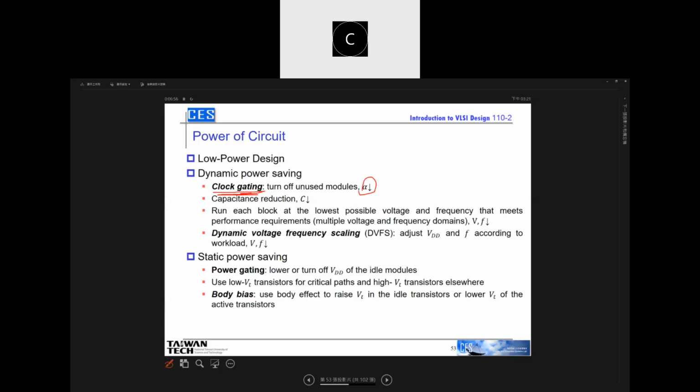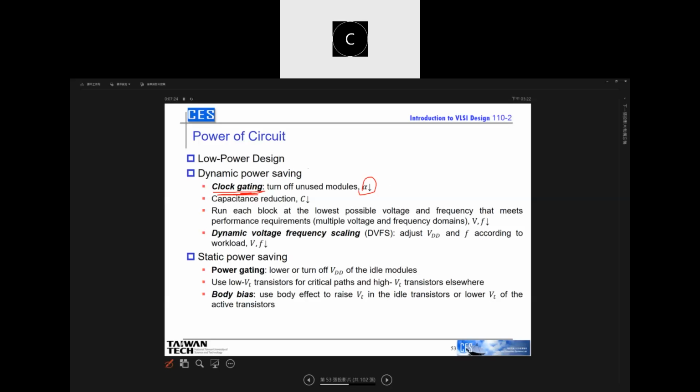On the other hand, if that flip-flop is not used, we can use this gate to block the clock signal from the flip-flop. So the flip-flop is not toggled by the clock, so you don't have this 1 to 0, 0 to 1 switching, and then we can reduce the power consumption. Okay, so that's the idea.